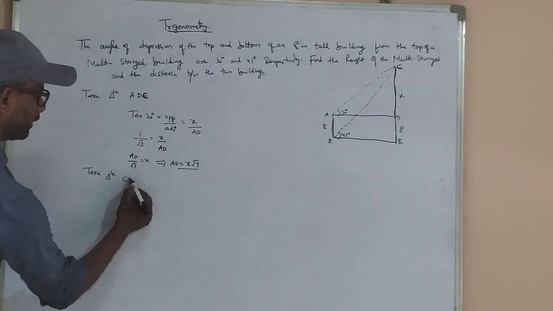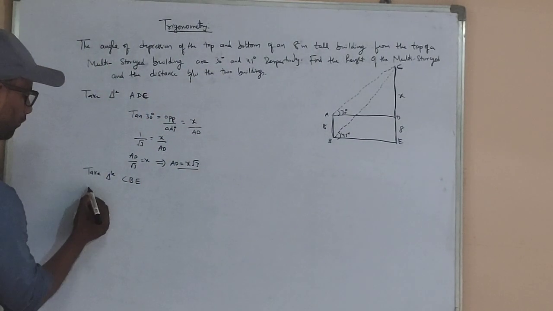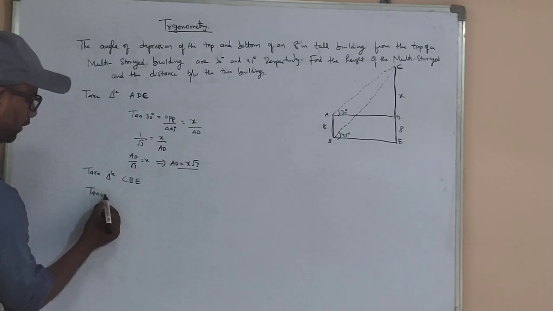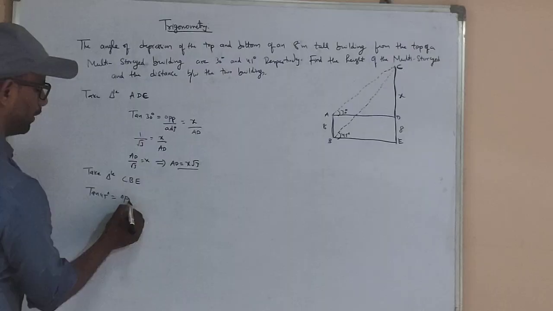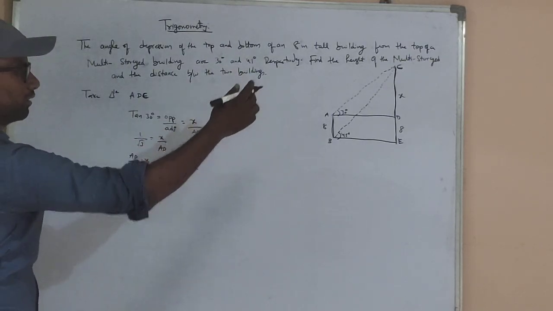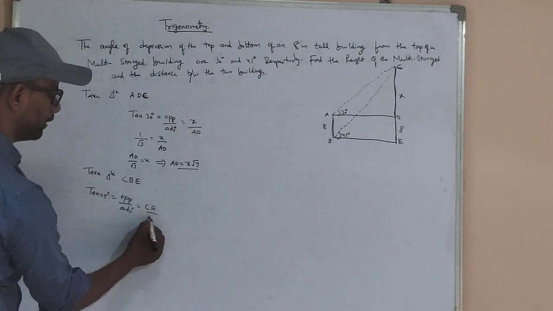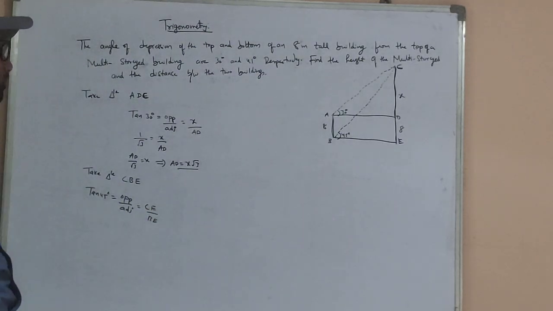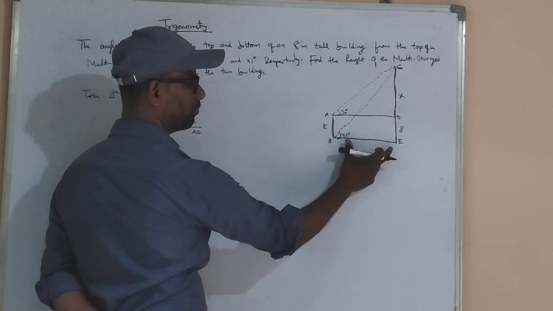Now take triangle CBE. Here we have tan 45 degrees. Tan 45 means again opposite by adjacent. Opposite means CE, by adjacent BE. Here if we see, AD is the same length as BE.